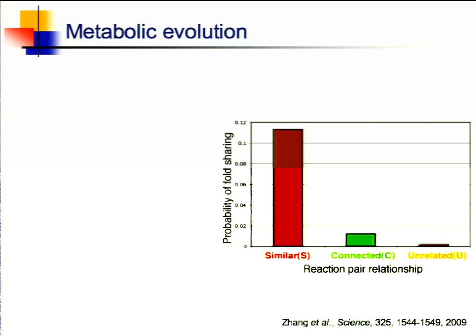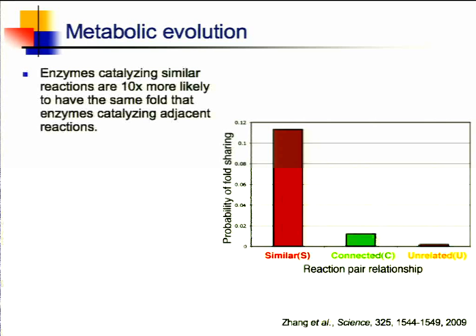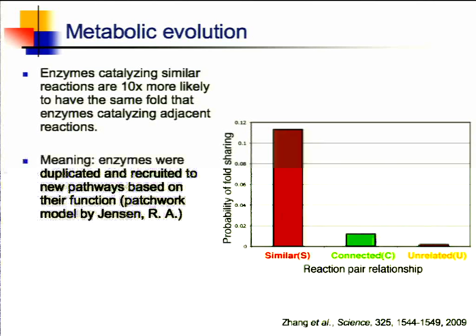What are the chances? We discovered that enzymes catalyzing similar reactions have 10 times more chance to share a fold when compared with enzymes that catalyze connected reactions. This means that enzymes were duplicated and recruited to new pathways.